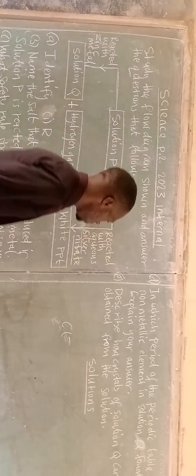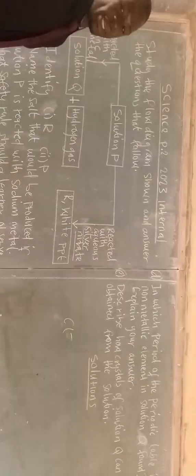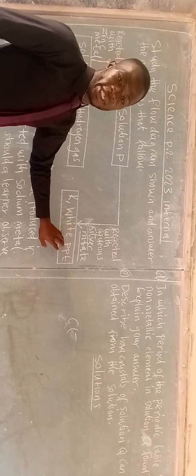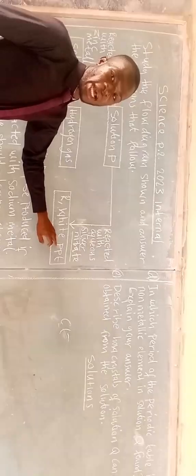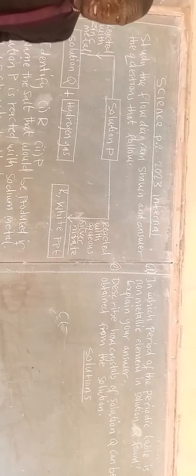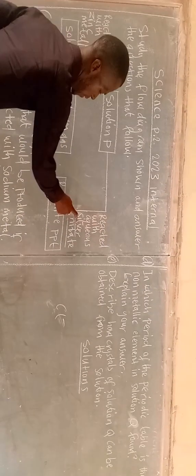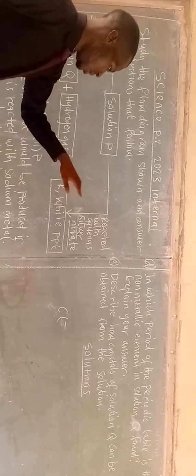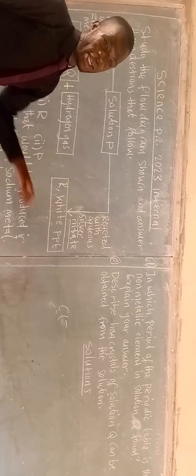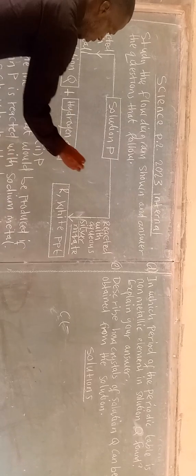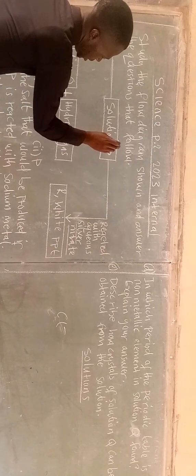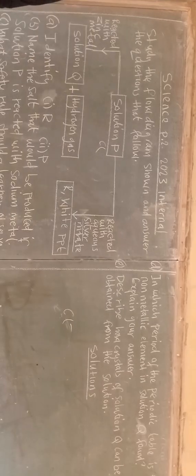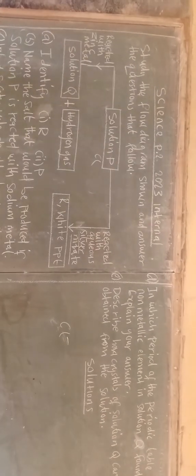So how do we prove that the chloride ions are present? When it gives white PPT, it means the chloride ions are present. So from here, since silver nitrate was used and it gave the white PPT, we can say there were chloride ions in solution P. So we can say there was chlorine in solution P. Then we go this side.